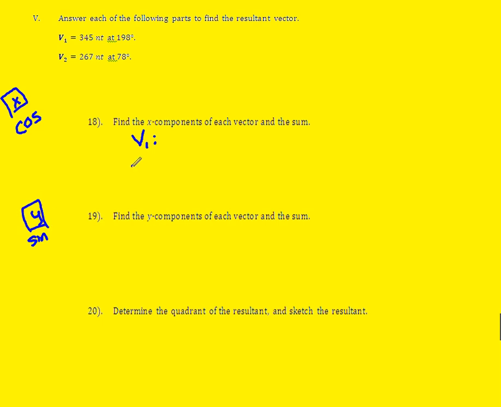So for v1, I'm going to say that cosine of the angle, cosine of 198 degrees, will equal x over 345. That means that x will equal 345 times cosine of 198. Same for this part down here for vector 2.